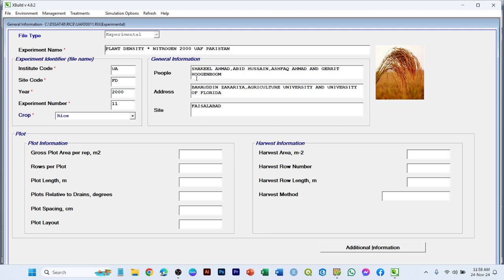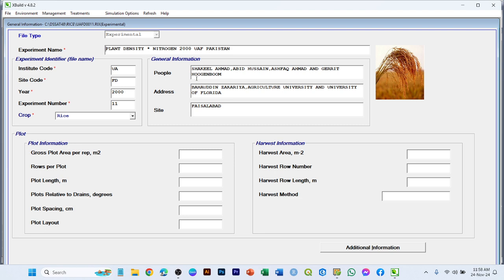Okay, and site code is specifically where the experiment was conducted. FD is Faisalabad, the location in central Punjab. That is the site code. Got it? And Ghazipur, this is specifically Ghazipur, so you can write GZ maybe.